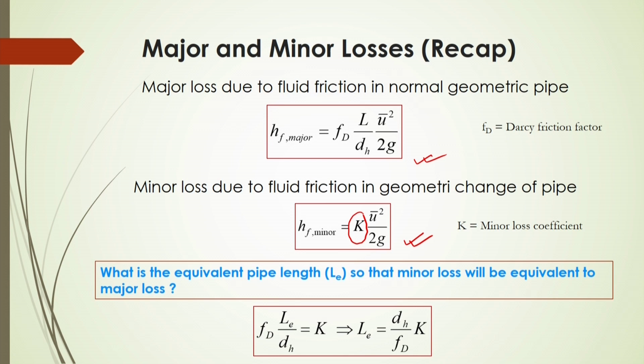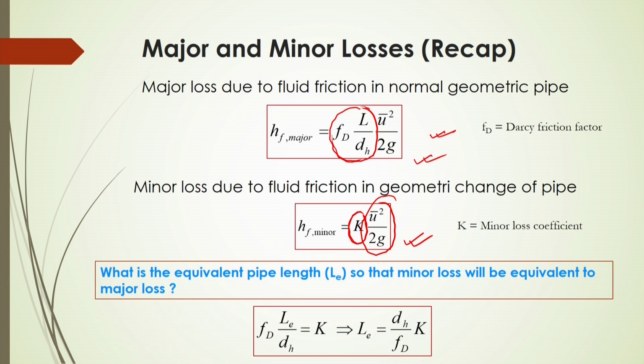So, this head loss is proportional to u square by 2 g, and this proportionality constant is considered as the minor loss coefficient. This minor loss coefficient depends on the different shape of the pipe, and in the earlier equation, this f d into L by d h is considered as the major loss coefficient.